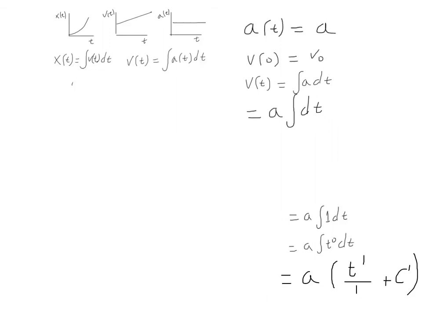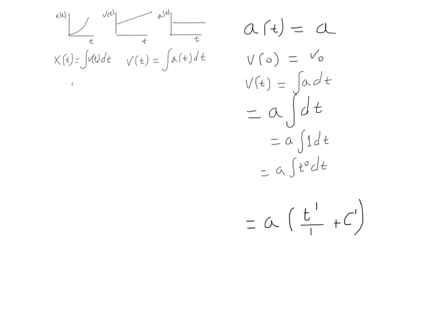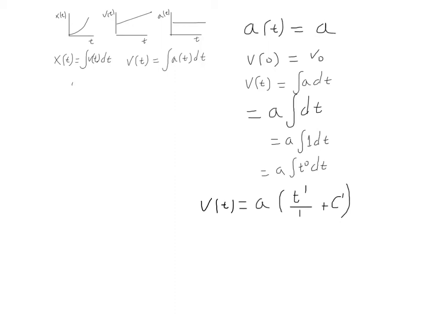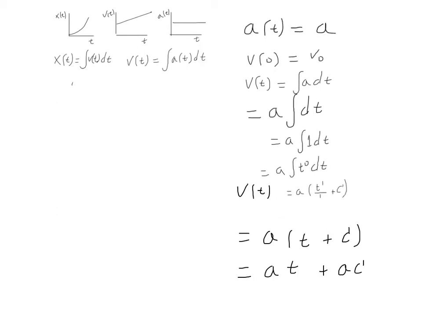So the funny thing about calculus is that mathematicians are such jokers. I think it was probably Leibniz who was such a joker with his notation. So what we have here is v of t is equal to the constant a times t to the 1 power plus c, also known as a times t plus c. Now if you distribute the a, you get at plus ac. And here's the funny part.